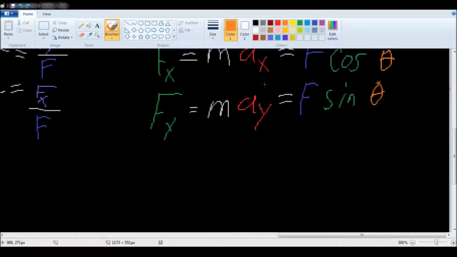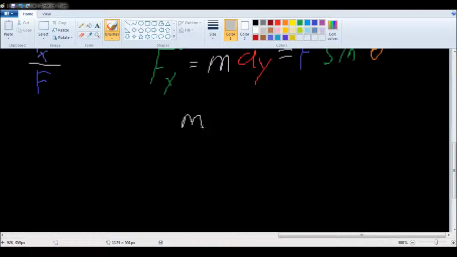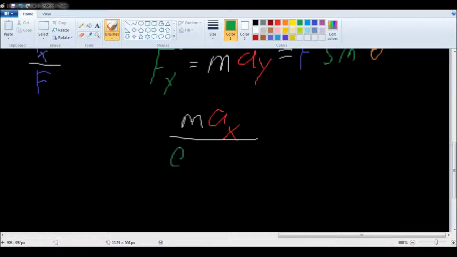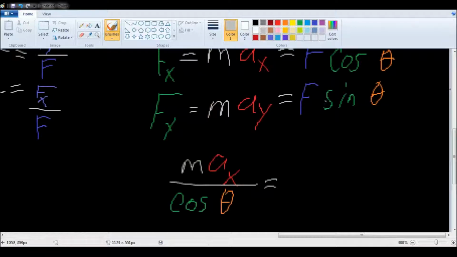Actually, let me just write that out. We'll get m a x over cosine theta is equal to f.